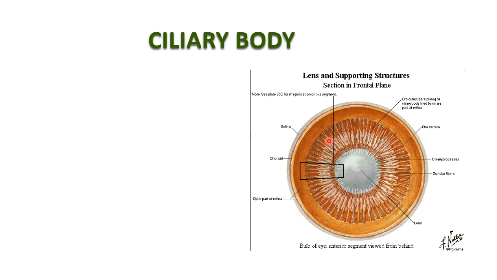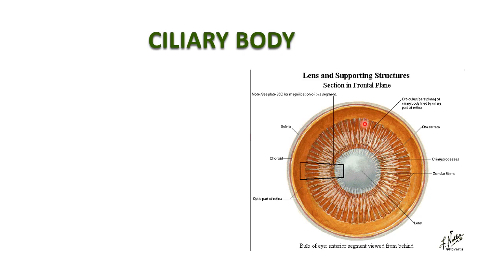Next, coming to the ciliary body. It extends as a complete ring from the anterior part of the choroid. This is your retina which you are able to see, and that is the choroid. From the anterior part of the choroid, it extends from the ora serrata.